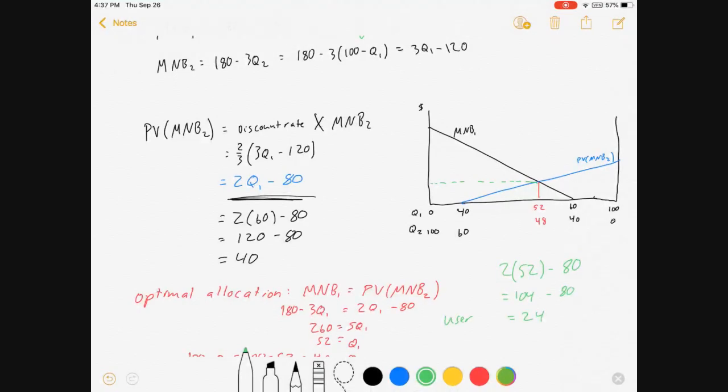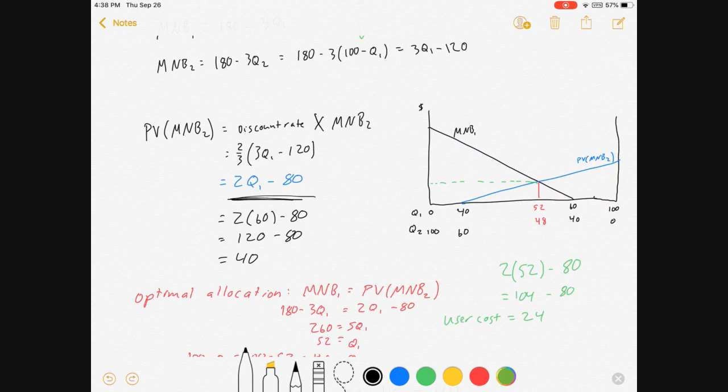My user cost, my intertemporal externality, is $24, which means if I put a tax on this good of $24 per unit, then I will be back at this happy place where society's net benefits over time are maximized. And I will correct for the potential market failure that would have been if we would have increased production further.